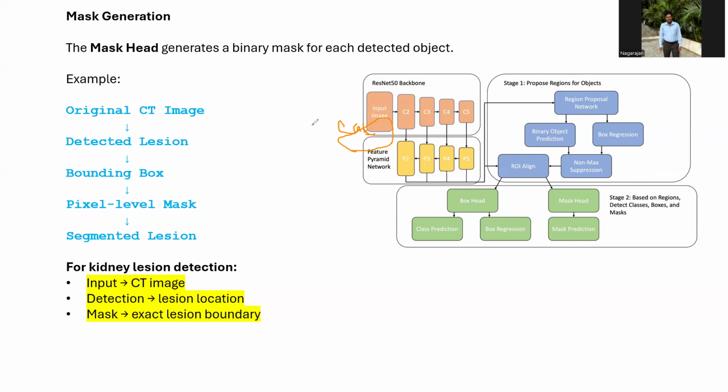If there is an object, it will identify it easily and make a bounding box, accurately locate the lesions wherever they are, and segment them from the given image. So what do we get from mask generation? The input CT image is taken, the lesion is detected and localized, and the mask gives the exact lesion boundary.